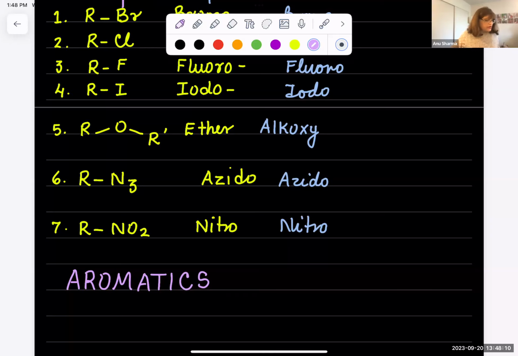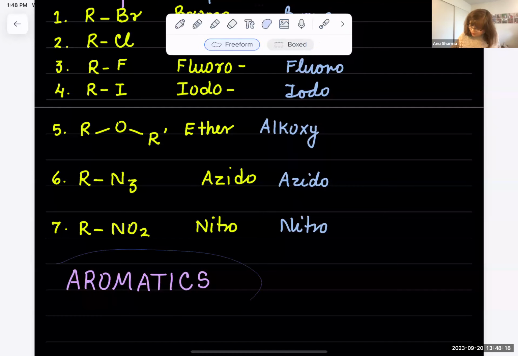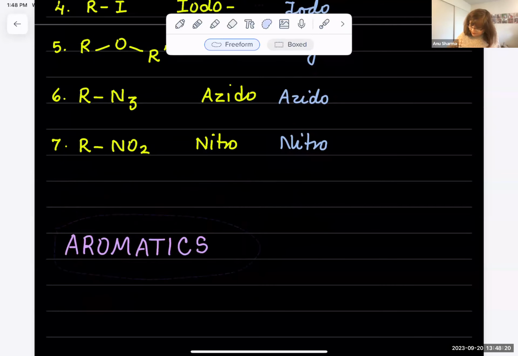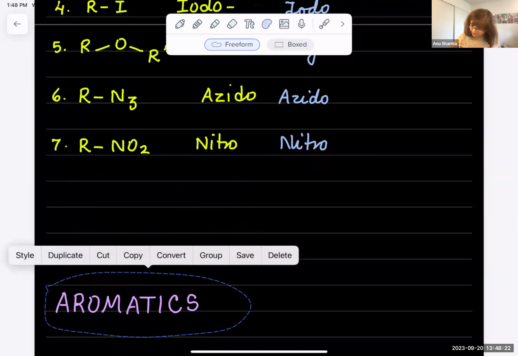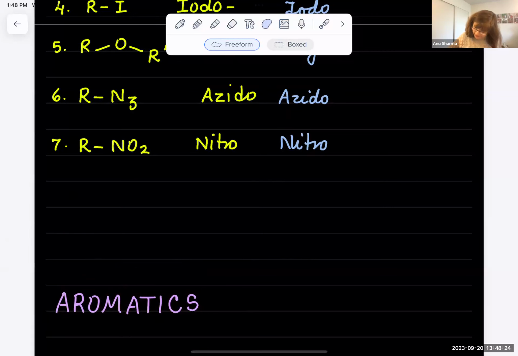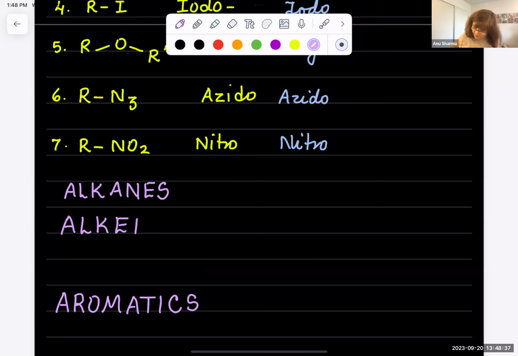We already discussed the alkanes, alkenes, and alkynes, and then the aromatics. So let me move this here: alkanes, alkenes, and alkynes.